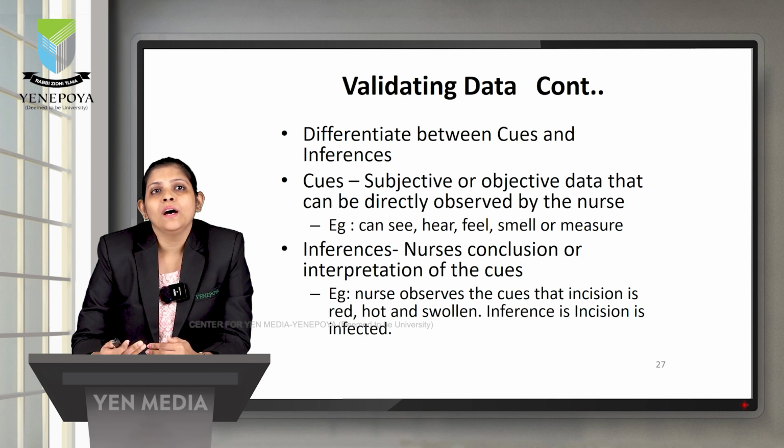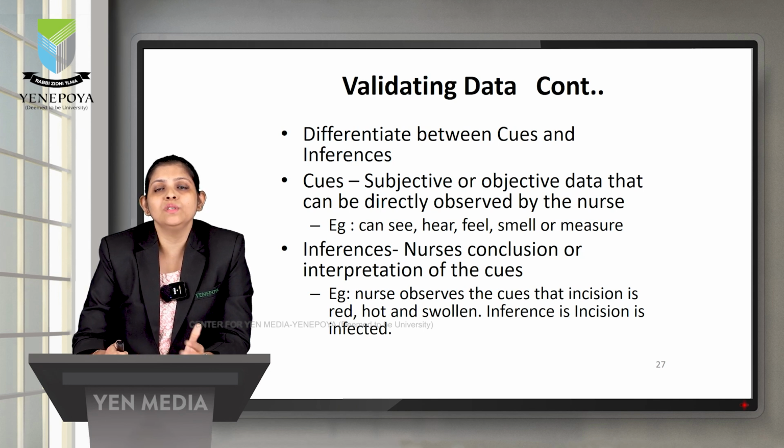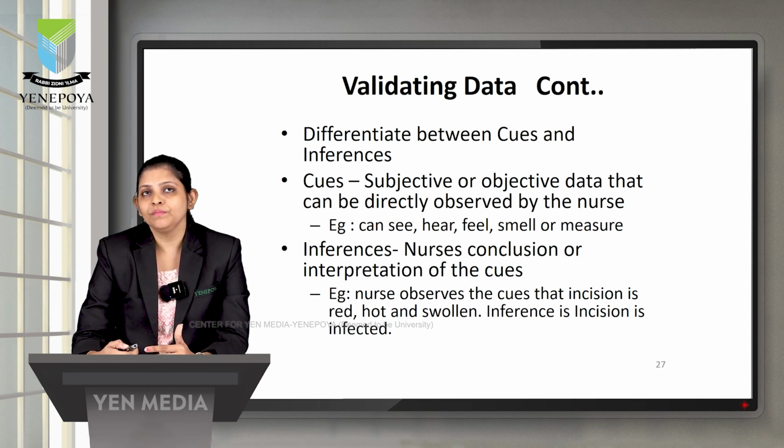We can infer that the incision is infected. Or the patient presents symptoms such as pain in the lower abdomen, fever, vomiting, etc., interpreted as appendicitis. So cues and inferences should be differentiated properly.